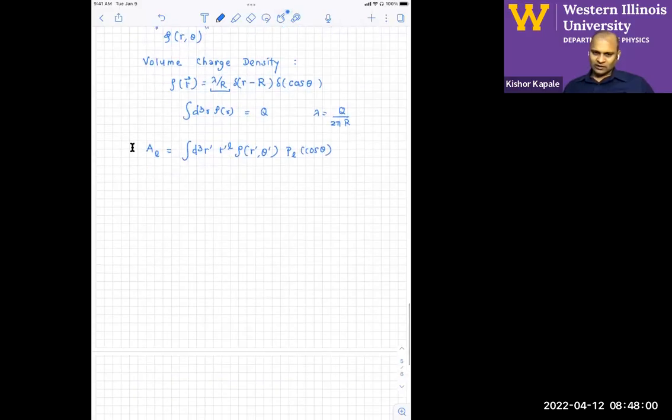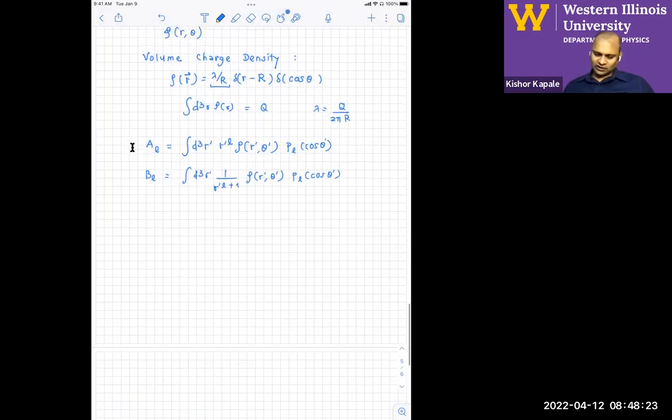So again, the same kind of idea. And B_L is the integral d³r', azimuthal symmetry, right? That's what I mean by the same kind of idea. We are in a situation still where you have azimuthal symmetry, and then ρ(r', θ') P_L(cos θ'). It should be θ' here.